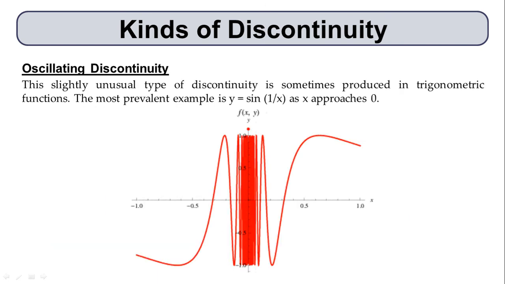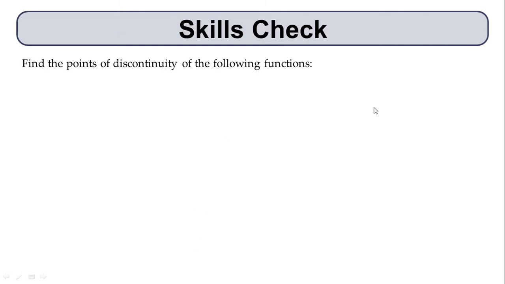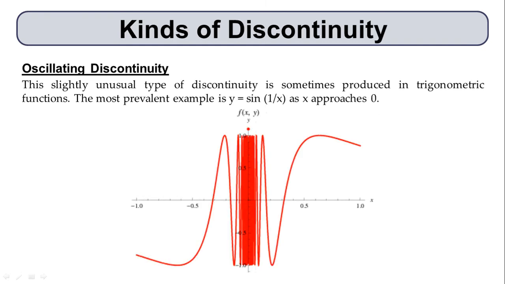So fourth, we have this what we call as oscillating discontinuity. So ito kasi medyo unusual naman to. And sometimes produced in trigonometric functions. So pinaka-basic example natin nito is yung ating y is equal to sine ng 1 over x as x approaches 0. Yan yung itsura ng kanyang graph. Okay?